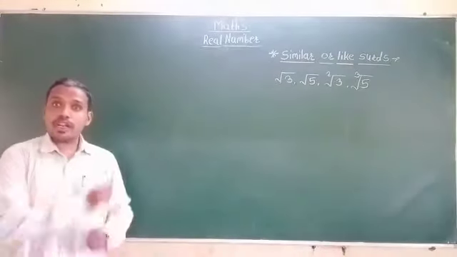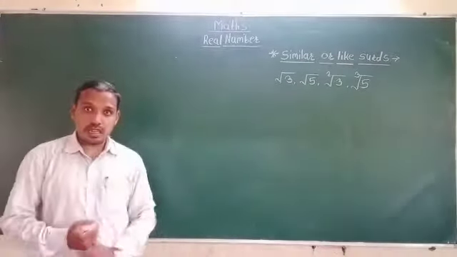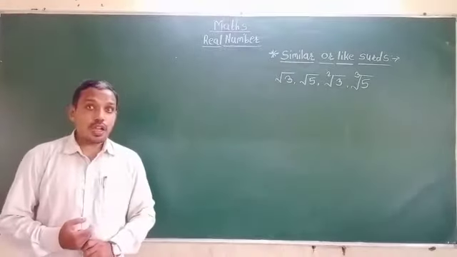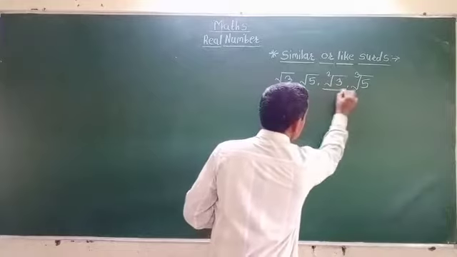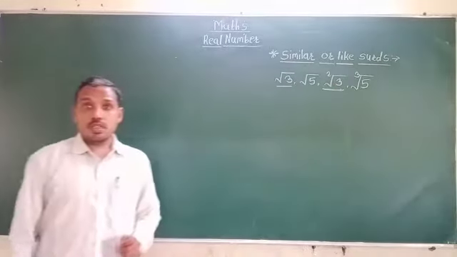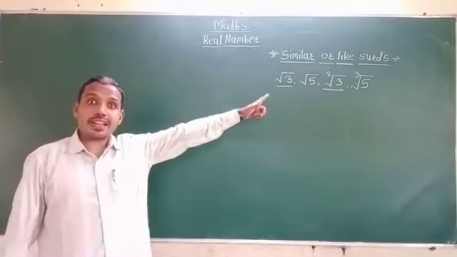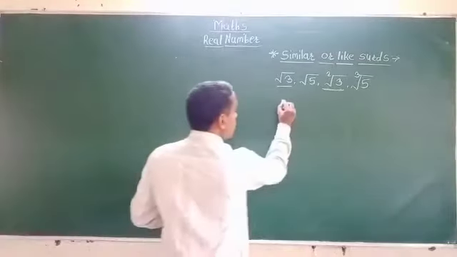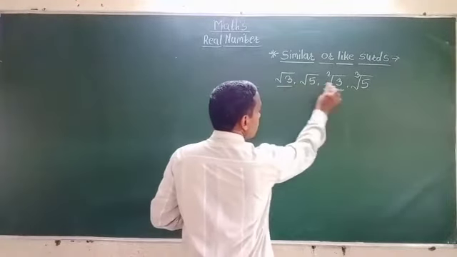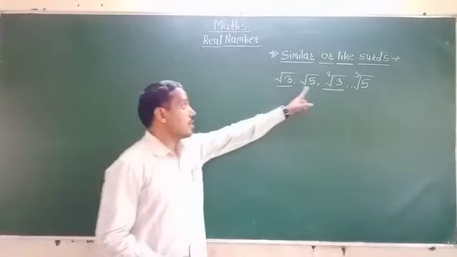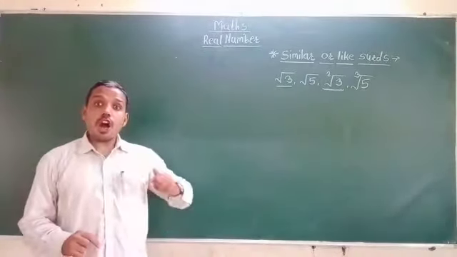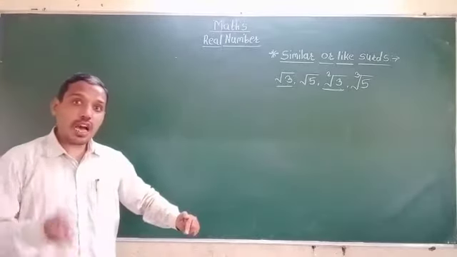If we think about them, which are the like surds? We say these are the like surds. Why do we call them like surds? Because both show the same radicand, and the order of the surds is also the same.